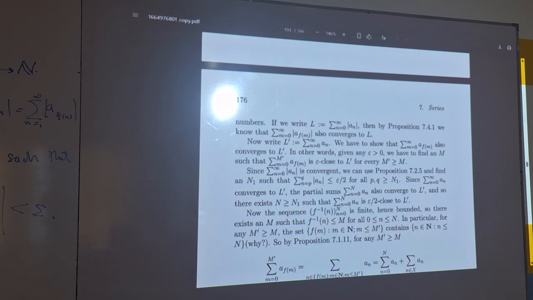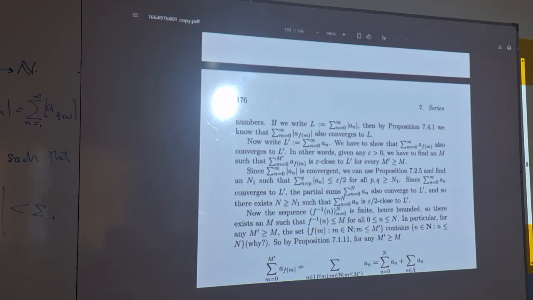Therefore, f inverse n less than or equal to m dash. So if we take simple m equals f inverse n, we can say that f of m is equal to n since it's a bijection.